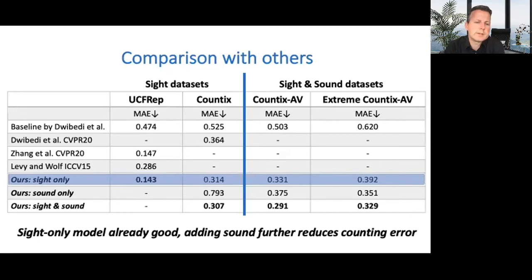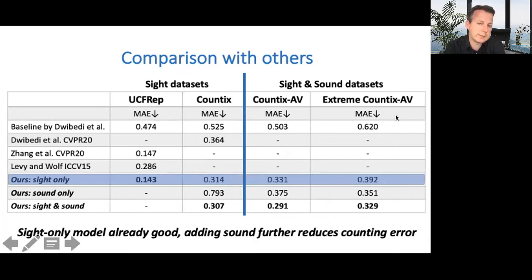Now, what is of interest here is that if we use our sight only model, we already get quite good results on the existing sight data sets as well as our sight and sound data sets. When we rely on sound only, results tend to be a bit worse, especially on the data sets that emphasize vision.